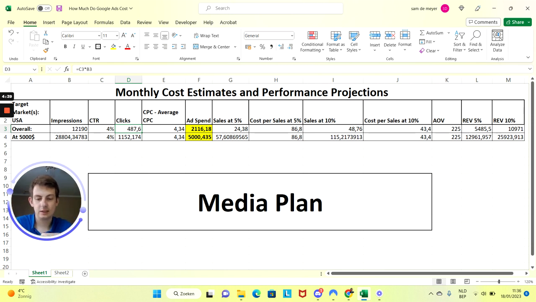Just with Google Ads, you go down the funnel. Let's say that around 5% of those 487 clicks convert into a sale. For service businesses, that will probably be a lot higher, because if you just run a basic Google Ads search campaign, the intent of the Googler will be a lot higher. Someone who's Googling for a plumber near them, a lot of the time it's going to be urgent.